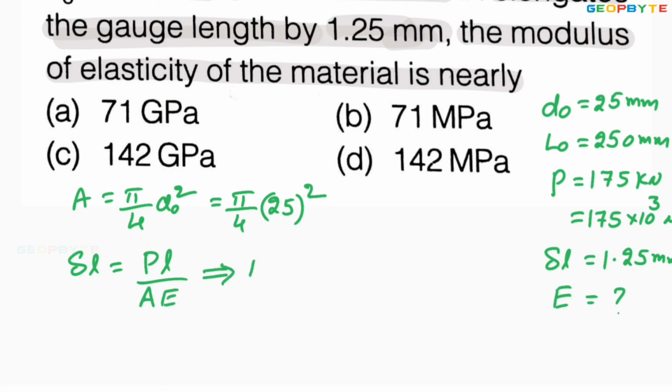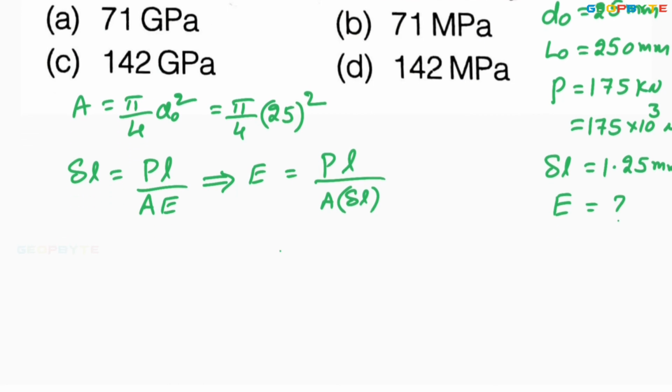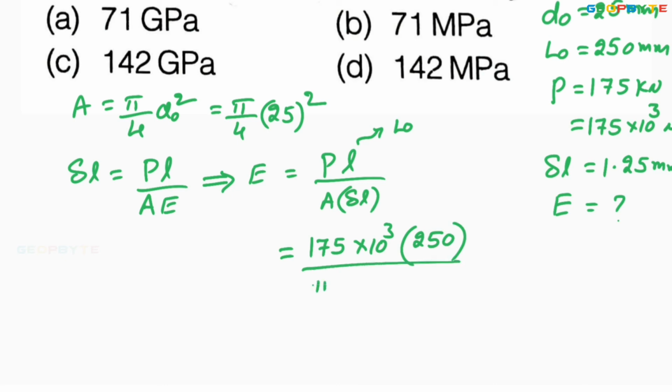From this, the Young's modulus E equal to PL by A into delta L. E equal to P, 175 into 10 raised to 3, the original length, here L means L naught, which is 250, divided by A, pi by 4 into 25 square, multiplied by change in length 1.25.